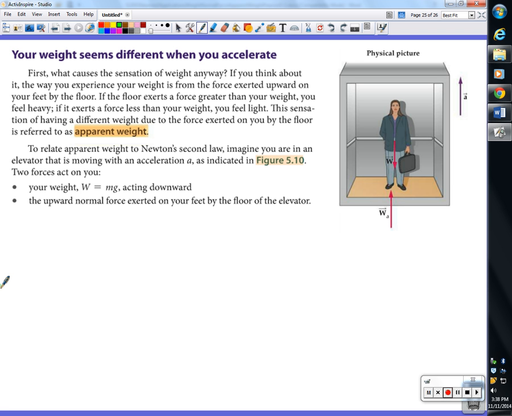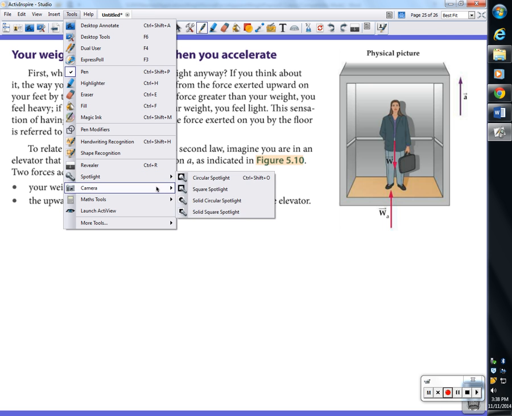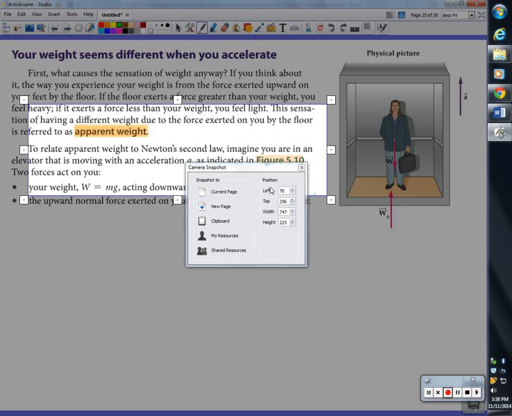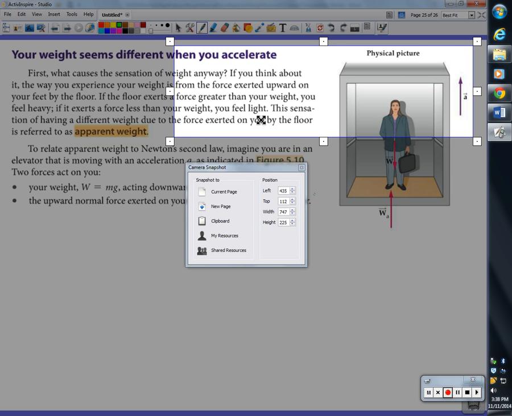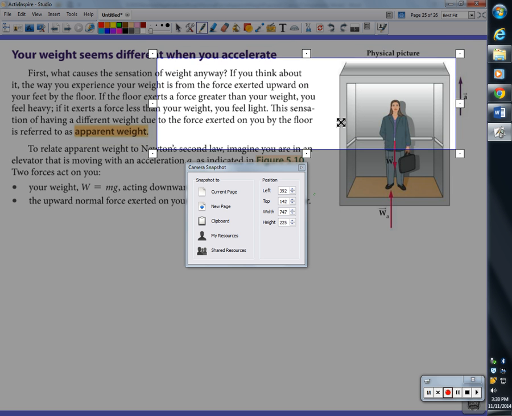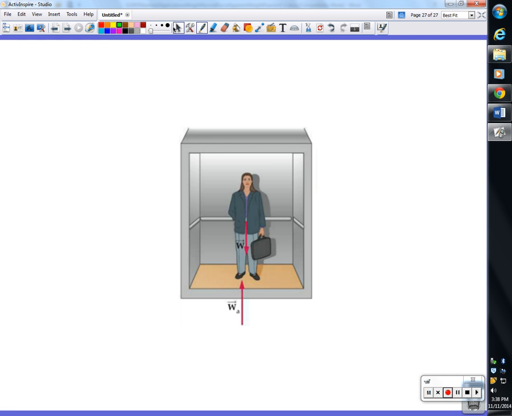Example. Let's take this picture here that we have, and let's isolate this lady in this elevator and put it here.